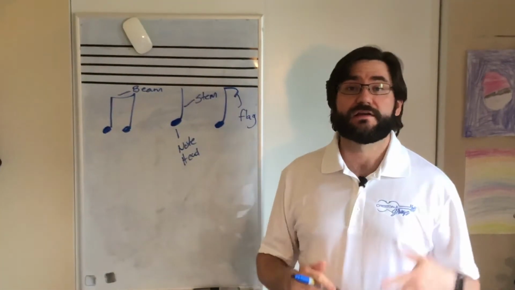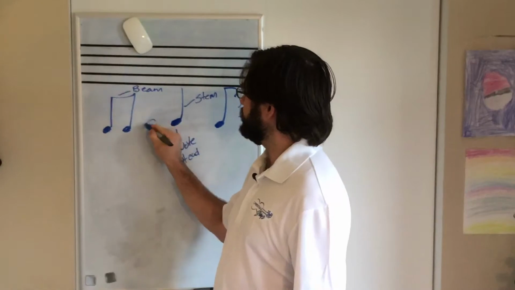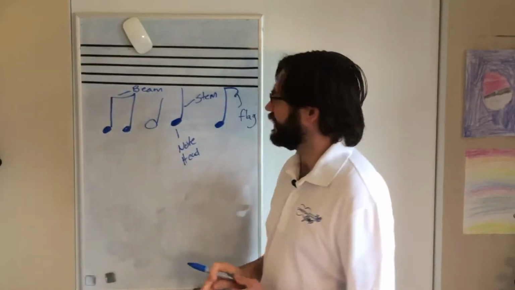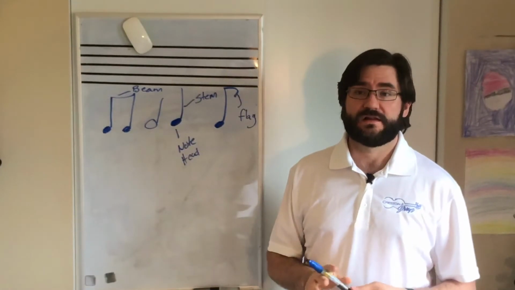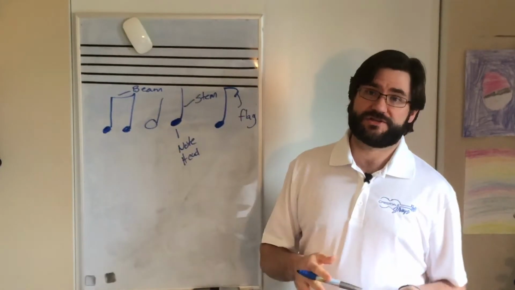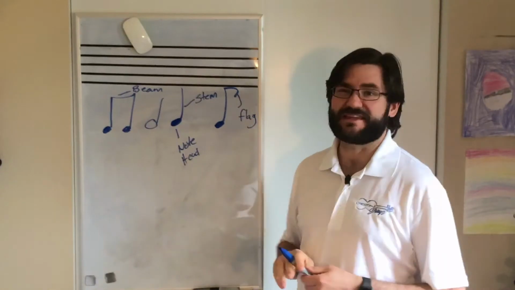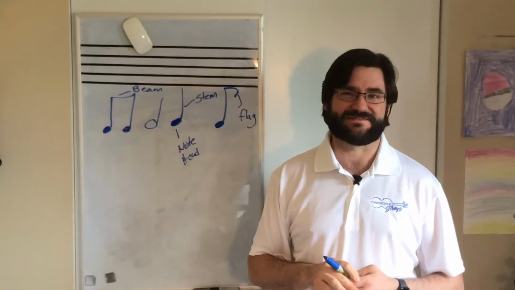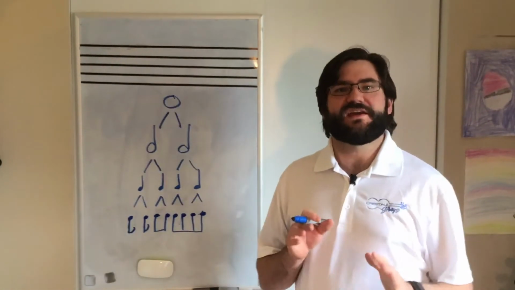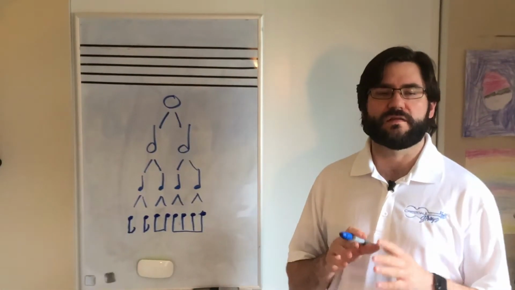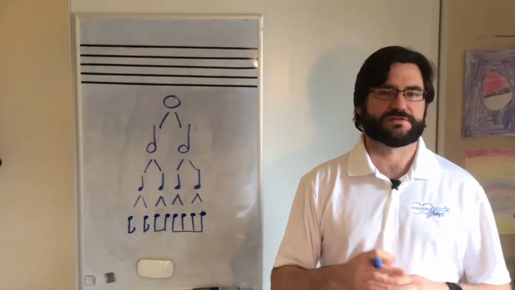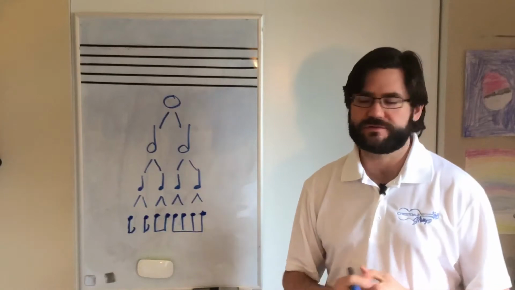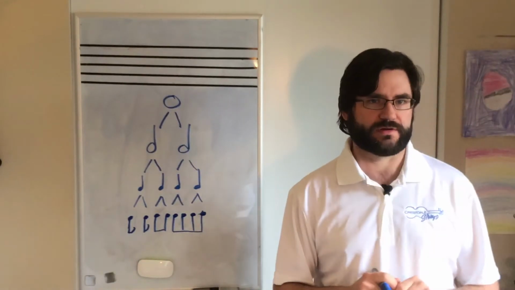Depending on the length, the note head could be filled in or empty. This tells you information. Each one of these little things is slightly different. What we have here is what we call the tree of rhythm. The top is your longest sounding note, and the bottom are your shorter sounding notes.